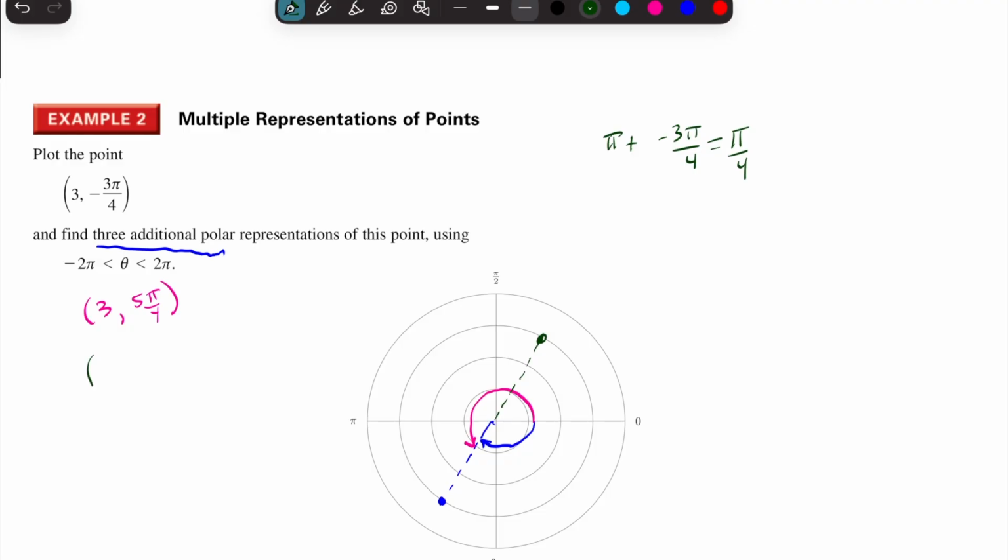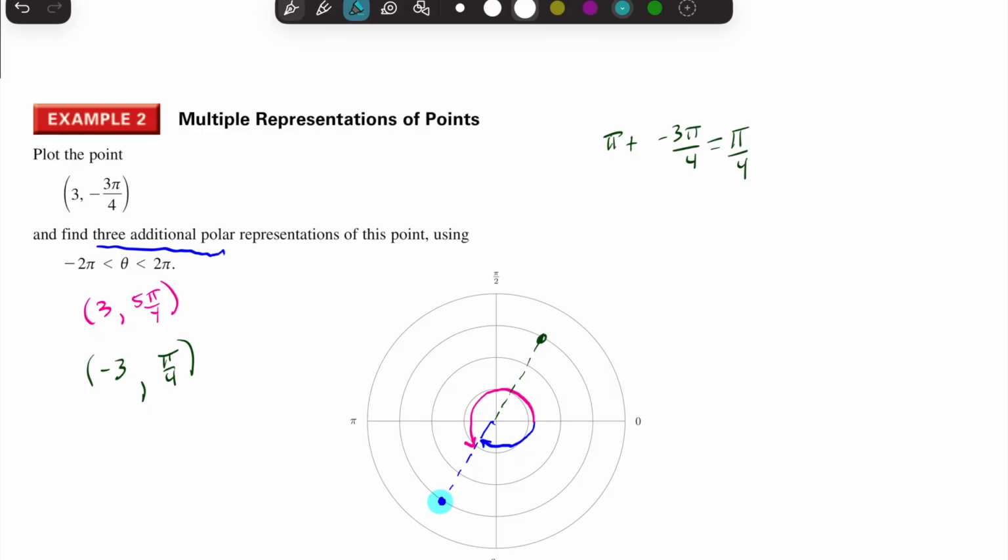So if I make my angle positive pi over 4, but I make my radius negative, that is going to tell me to go in the opposite direction. So negative 3 comma pi over 4 will still get me to this same place right here.